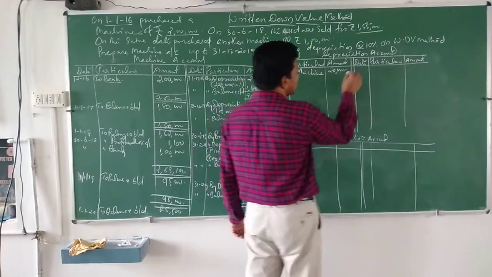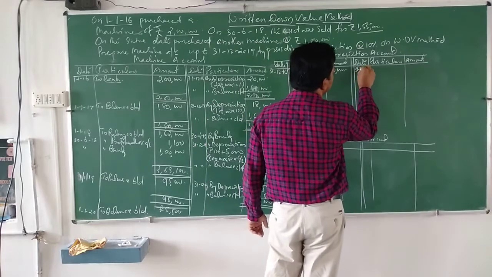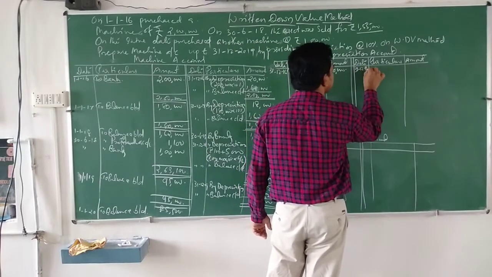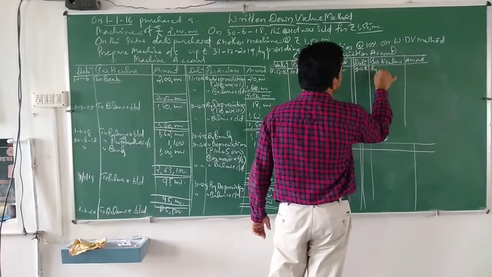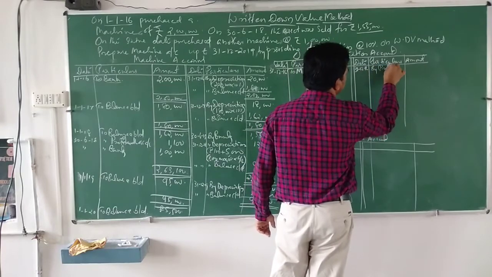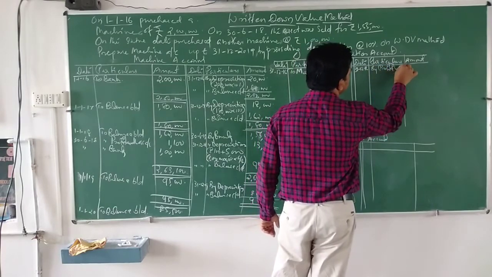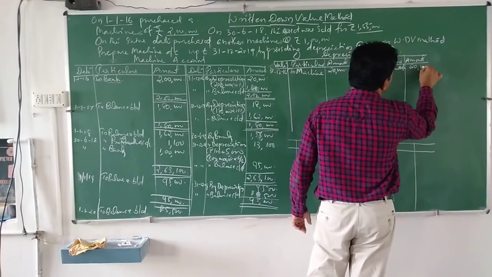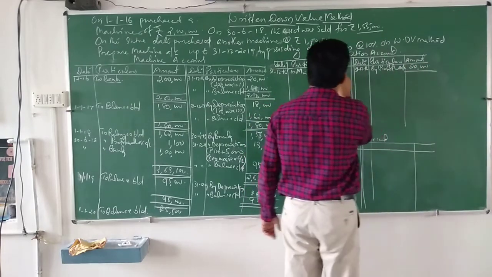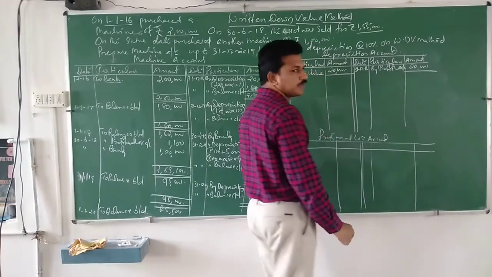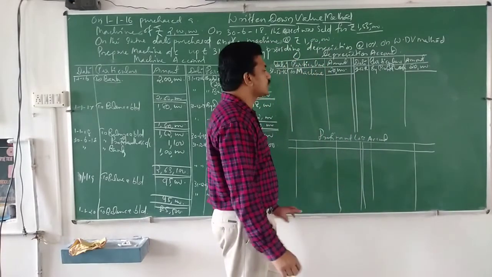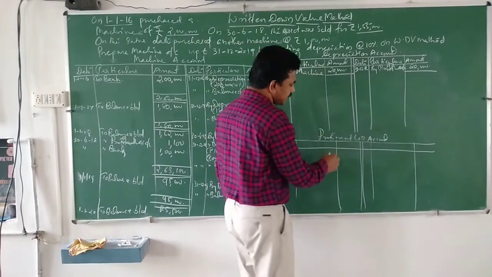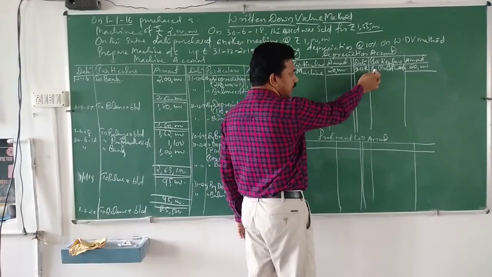Then on the same date, 31 12 2016, we have to transfer that to the profit and loss account. How much? 20,000. So this is the formula. 20,000 is closed. Like that, this is transferred here on the credit side.